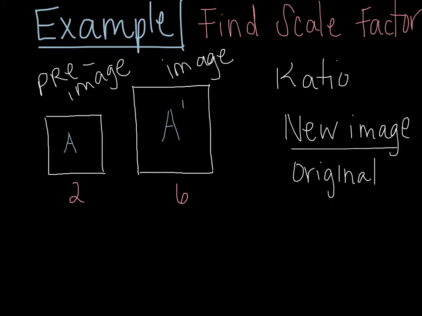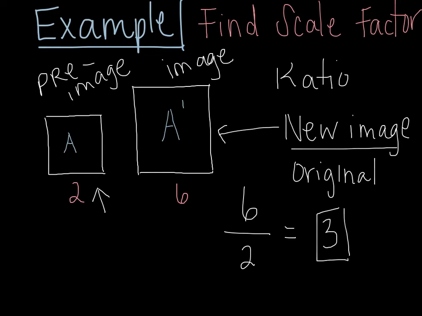The new image, A prime, is 6, over the original, which is 2, so our scale factor is 3. 3 represents an enlargement, because we went from A to A prime and we see an enlargement of the shapes.